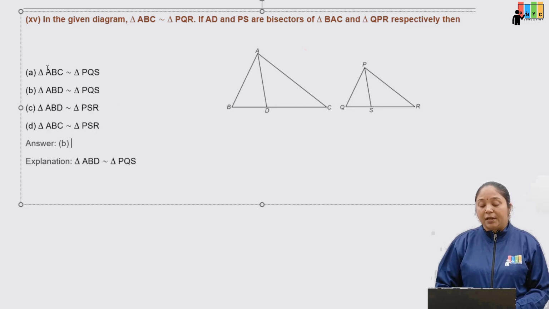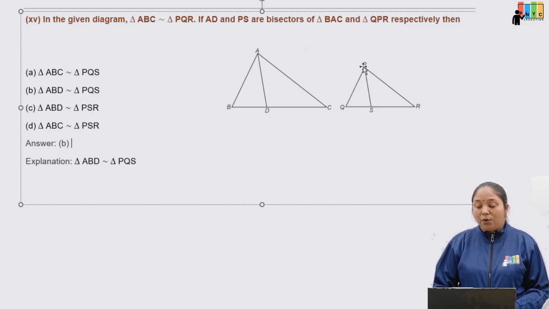So let's check. Triangle ABC is similar to triangle PQS? Here angle B and angle Q are the same.